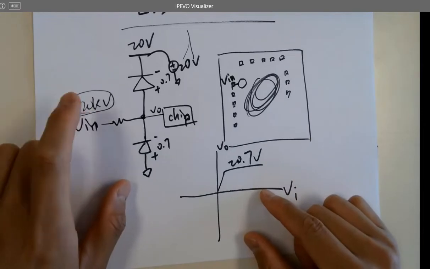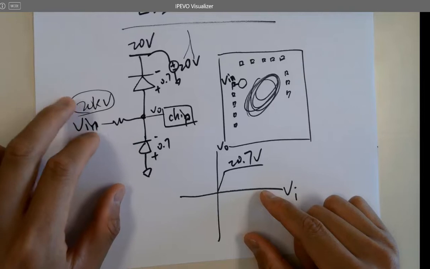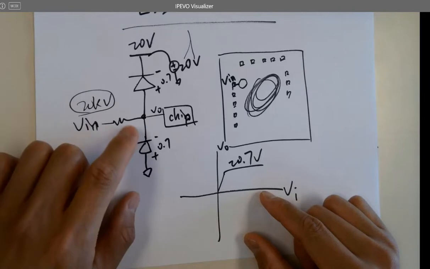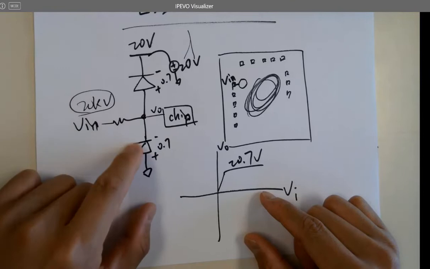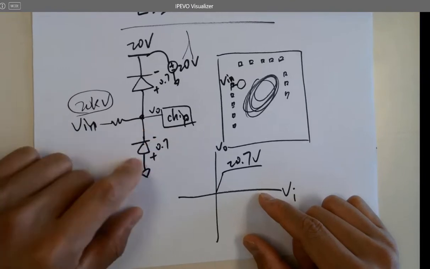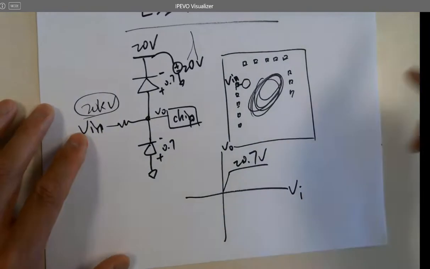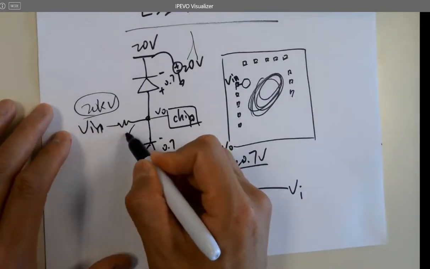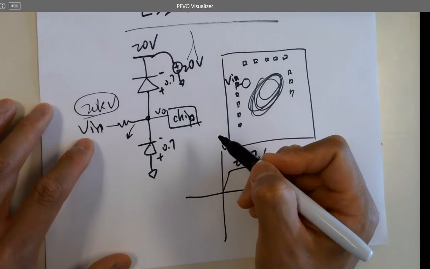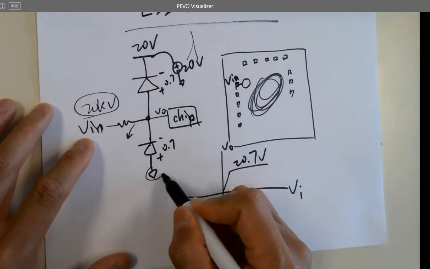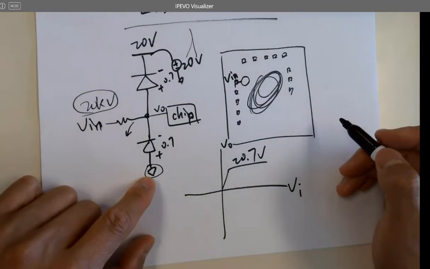But anyway, whenever this one becomes negative 20k volts, what's going to happen here? This diode will play some role. Why? If this potential becomes very negative, right? Very negative voltage. Ground is not the lowest potential anymore.